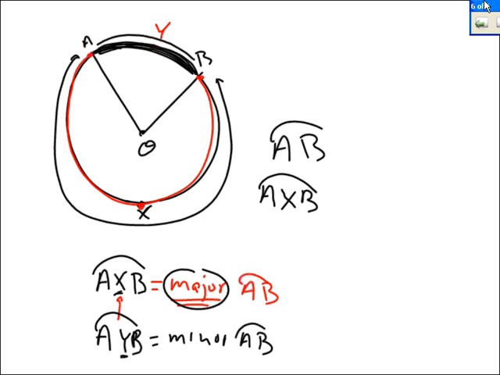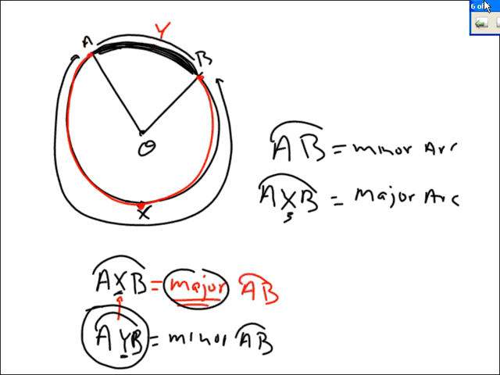But we don't. This will mean the minor arc, and not because we have a third letter will this be the major arc, but in this case it is. In other words, AYB has three letters describing the arc, but it was the minor arc.